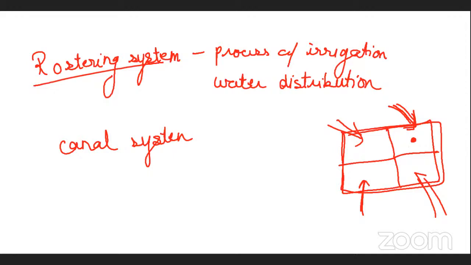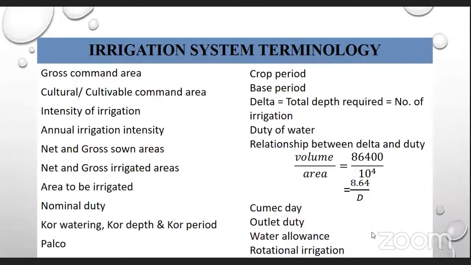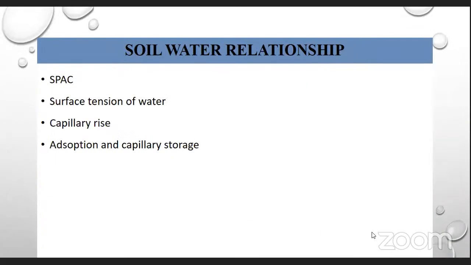Now moving further, we are having the soil water relationship. If we talk about the relationship between the soil, water, plants, and the atmosphere, then that whole system is known as SPAC, and that term is known as the soil plant water relationship.